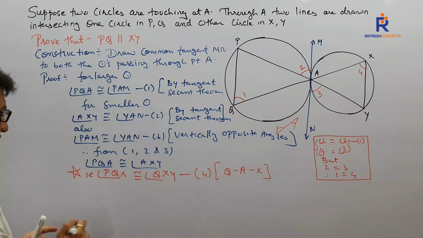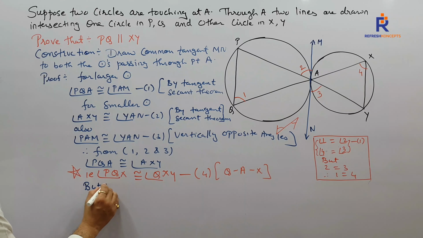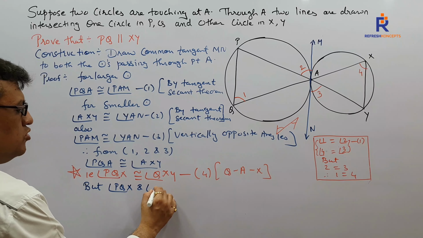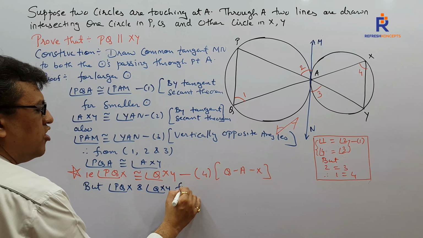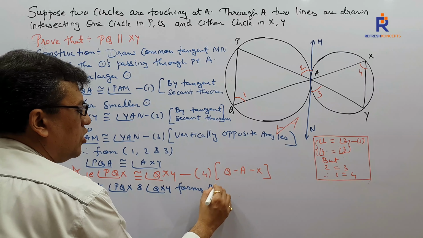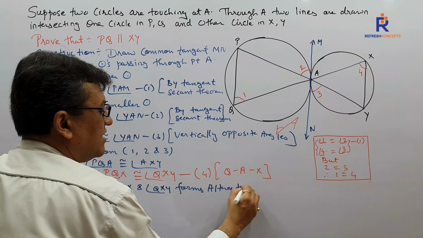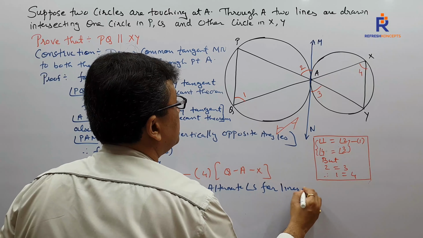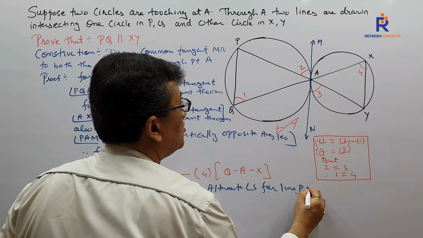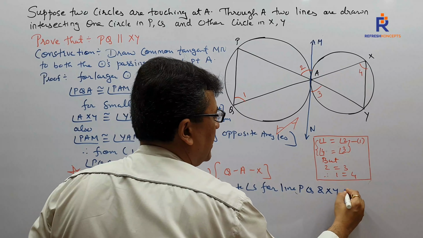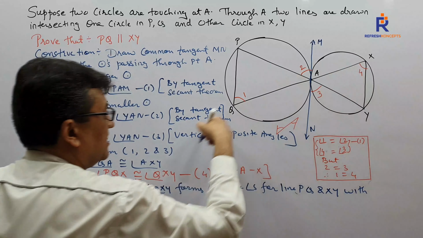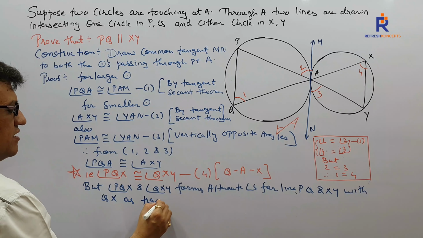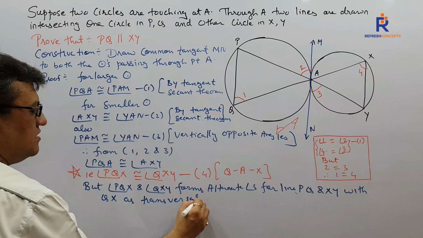Now, angle PQX and angle QXY form alternate angles for which lines? Lines PQ and XY, with QX as transversal.